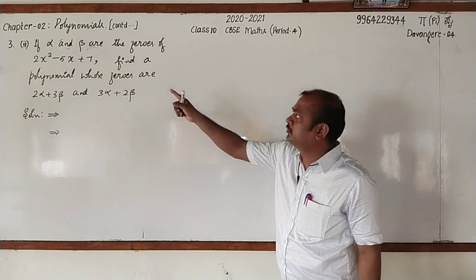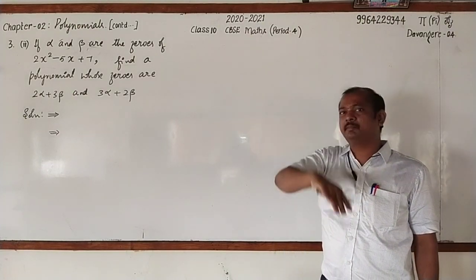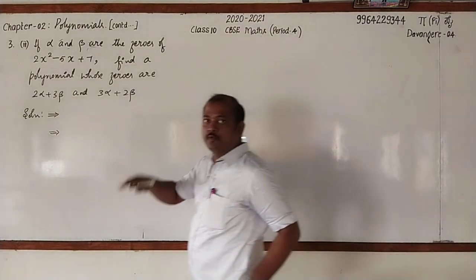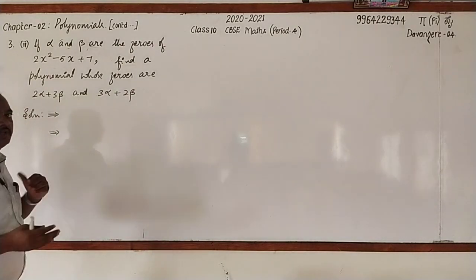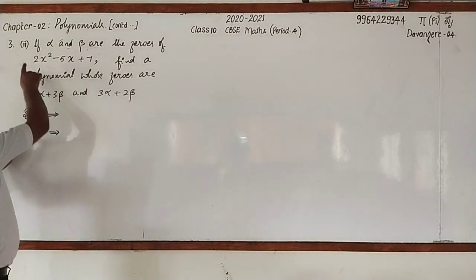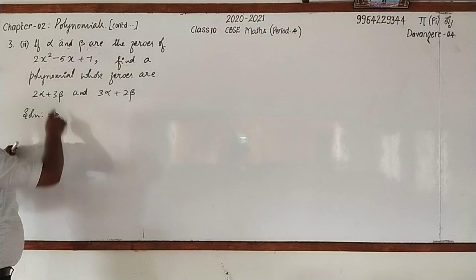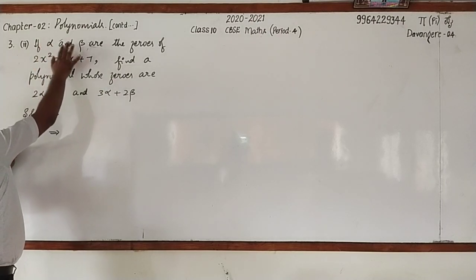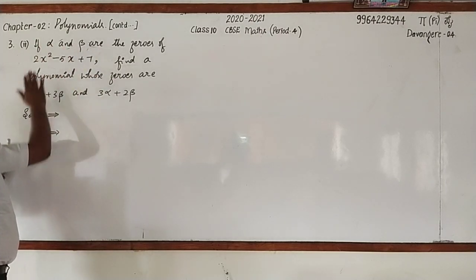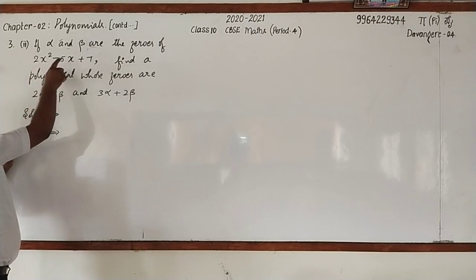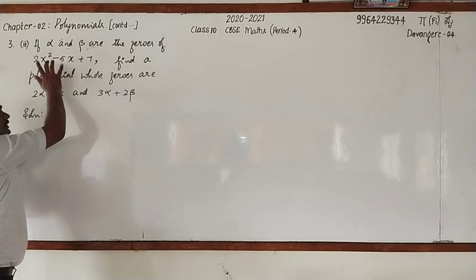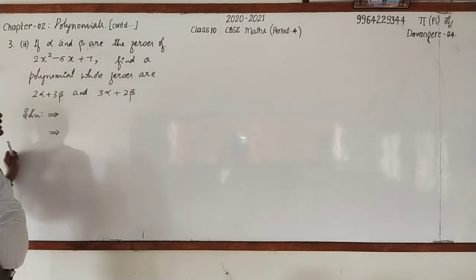Now I have taken one more problem which is of same type. Let's go for solving. You can just recall the steps with me. First we shall go through the given statement. See that here also, if alpha and beta are the zeros of 2x square minus 5x plus 7, even this is also a quadratic polynomial.